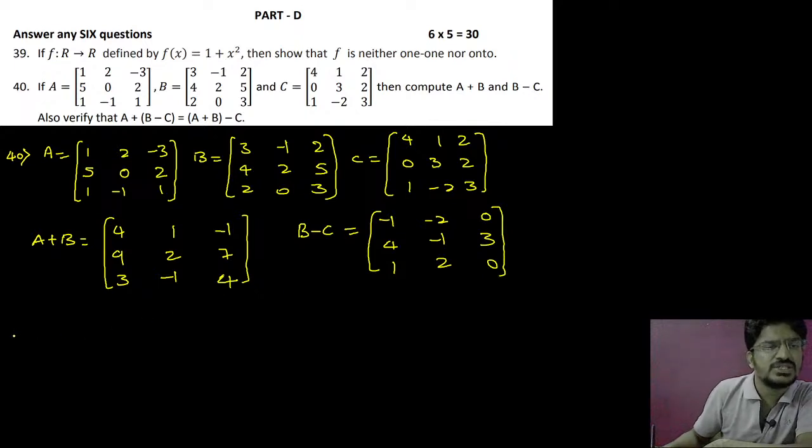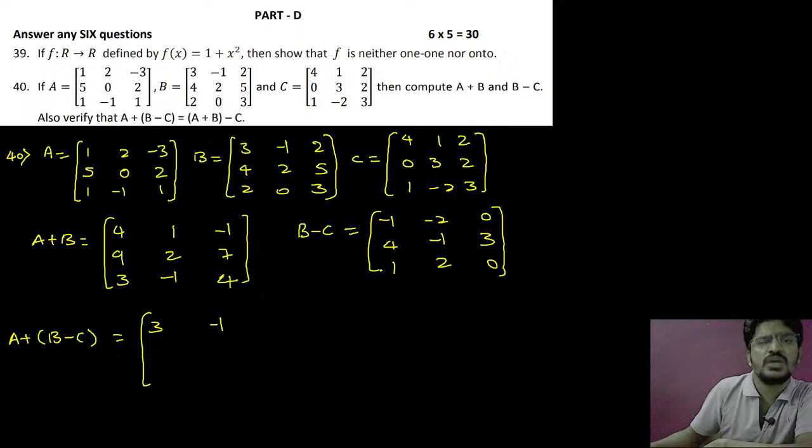Now you can see A plus (B minus C). 4 plus minus 1 is 3. 1 plus minus 2 is minus 1. Minus 1 plus 0 is minus 1.